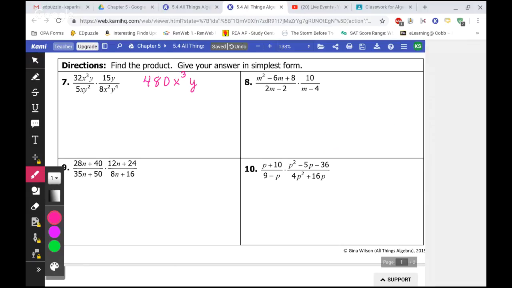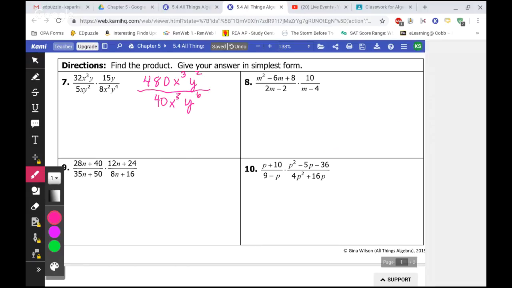So that's going to be y to the second all over 40. And then you've got an x to the first to combine with the x squared. So that's going to give you an x cubed. And then y squared times a y to the fourth. Combine your exponents. That's going to give you a y to the sixth.